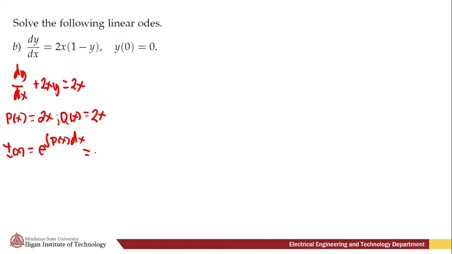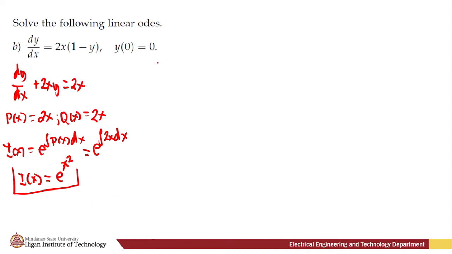To substitute the value of p of x, we have e raised to integral of 2x dx. So the value of our integrating factor I of x is e raised to x squared. We can also use directly the formula for the linear differential equation.